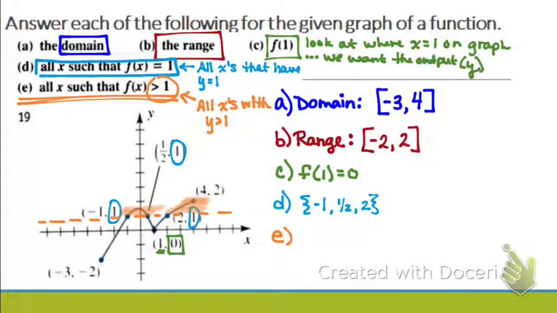So from -1 to 1/2, union, where else is it above that line? At 2 till 4. Would I use a bracket or a parenthesis with the 4?